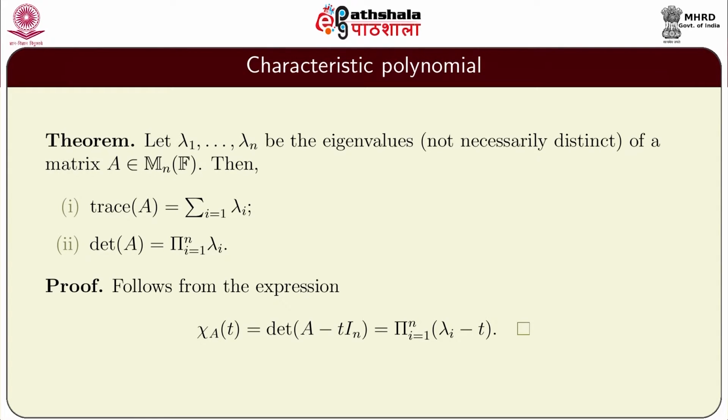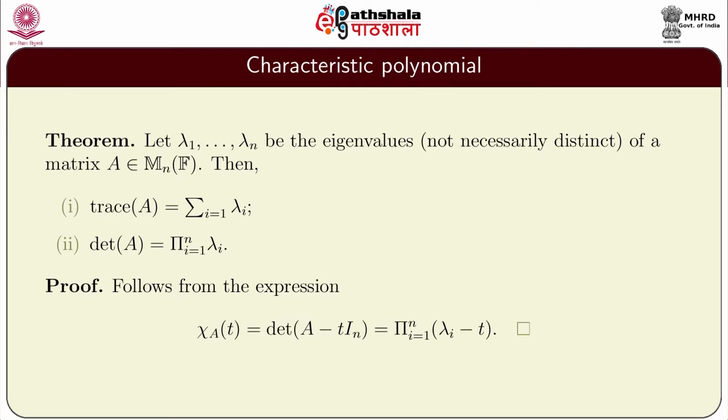Well, the characteristic polynomial of A is chi A of t, which by definition is the determinant of A minus tI, and we know that lambda is an eigenvalue of A if and only if chi A of lambda is 0.